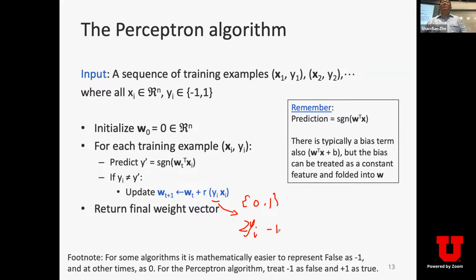That means if yi equals 0, then the factor you multiply with xi will be minus 1, and if yi is 1, then it will be 1. So it will be consistent with the case that y can take -1, 1. This is a very often used trick. Just to give you a sense, later we'll come back again.